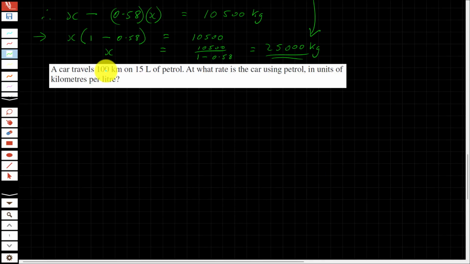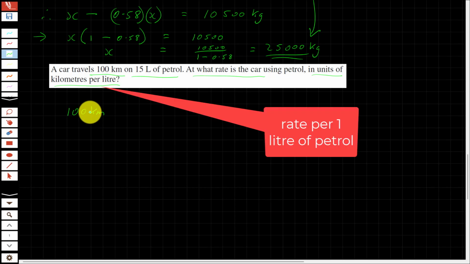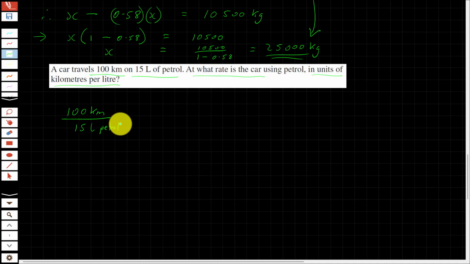Here we have a car travels 100 kilometres per 15 litres of petrol. That is the rate. That's what we're going to be writing as a fraction. And we need to know what rate the car is using petrol. So we can simplify this fraction to work out the rate per litre of petrol.